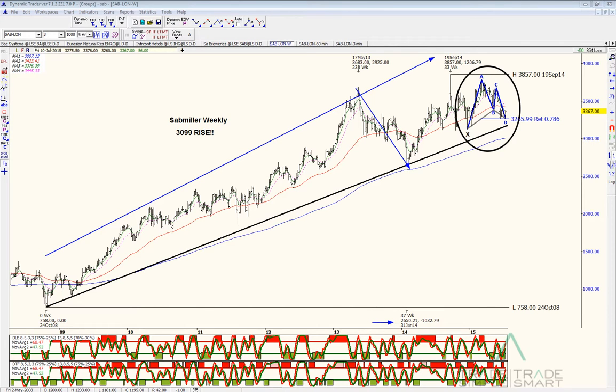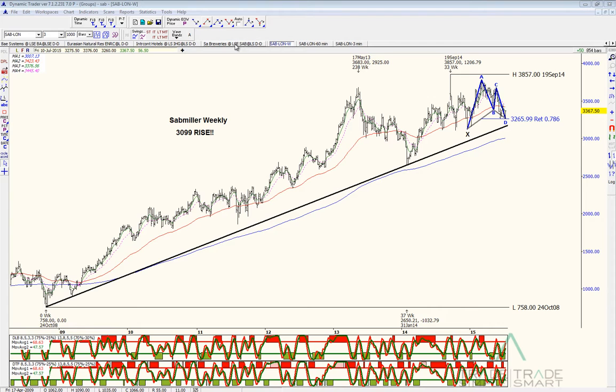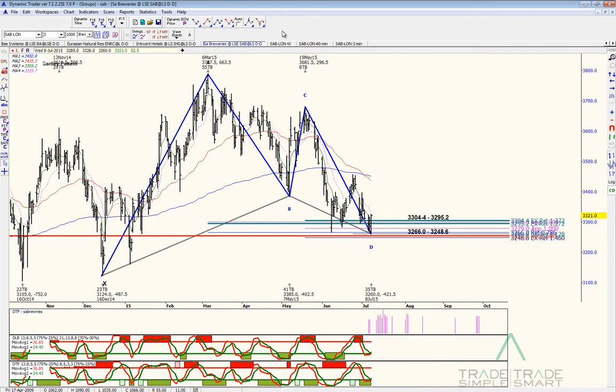So we're going to drop down to our daily time frame so we can have a look at the harmonic pattern in a little bit more detail. On the daily time frame, we've applied our Fibonacci price and time analysis to the market. We have two zones which have developed at 33.04 to 32.95, and our second zone at 32.66 to 32.48.